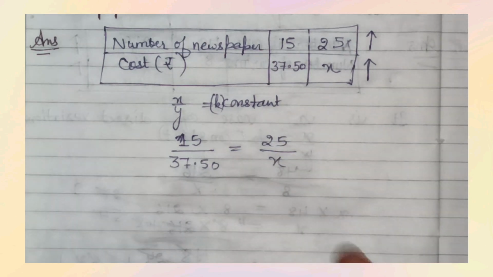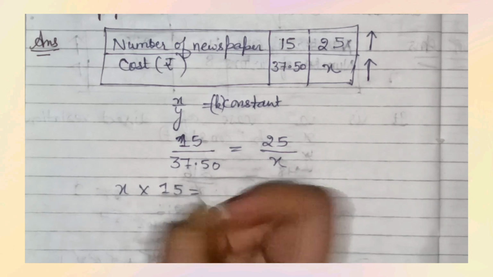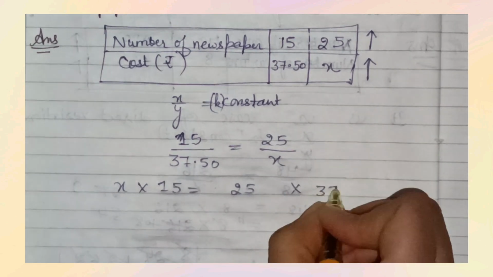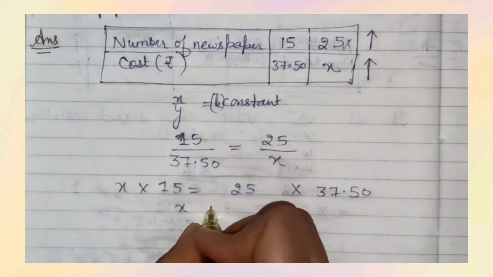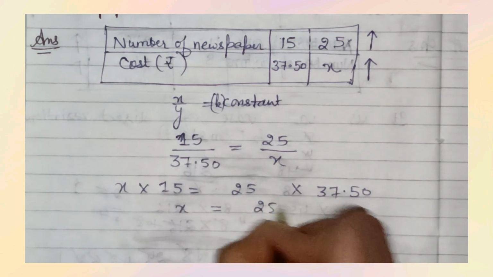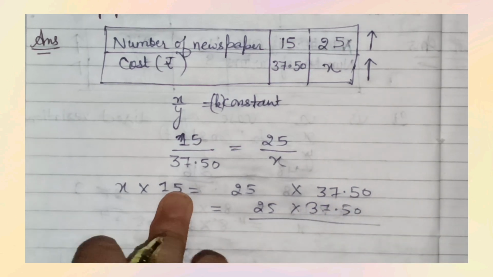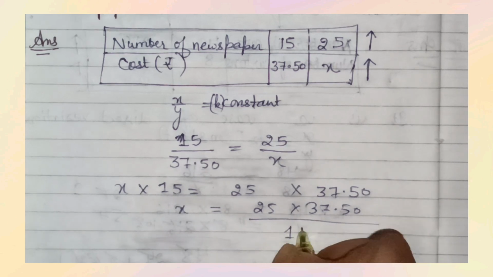Now by cross multiplying, x multiplied by 15 is equal to 25 multiplied by 37.50. Now from here we have to find the value of x. x is equal to 25 multiplied by 37.50 upon 15. The multiplication by 15 now becomes division.